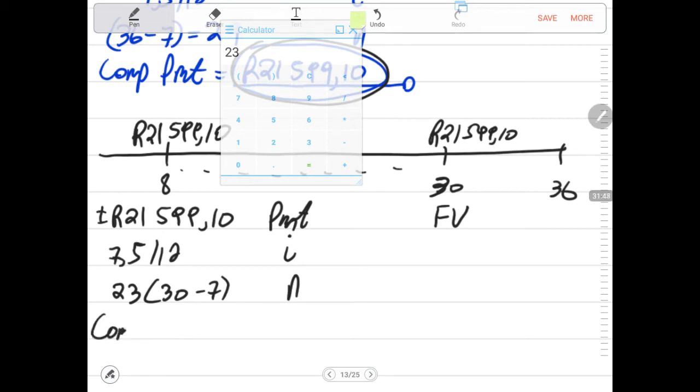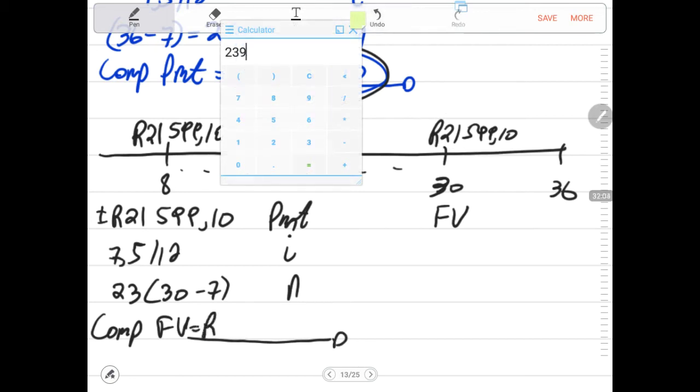Then we need to know how much will be in the account after the last payment, meaning when the annuity ends. The annuity is ending here on month 30 because there is a stoppage. So now we're calculating the future value, where we say in our calculator second function alpha 00 to clear the memory.